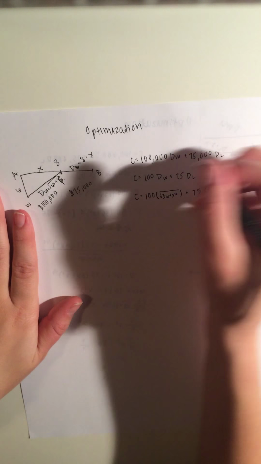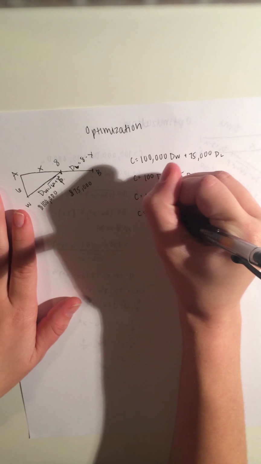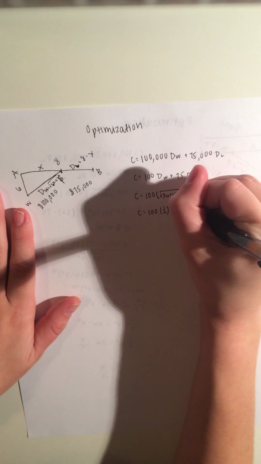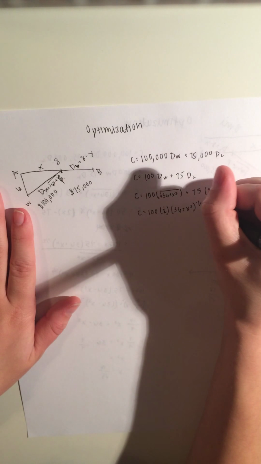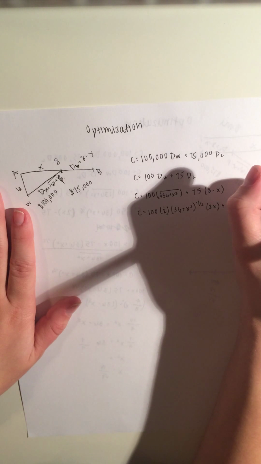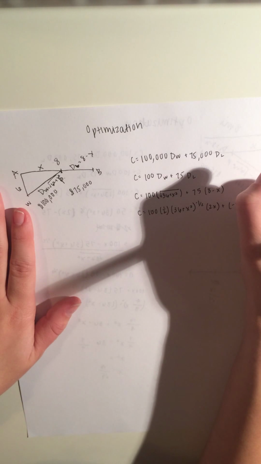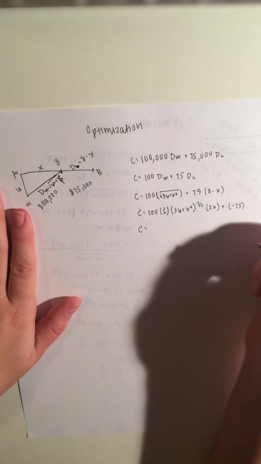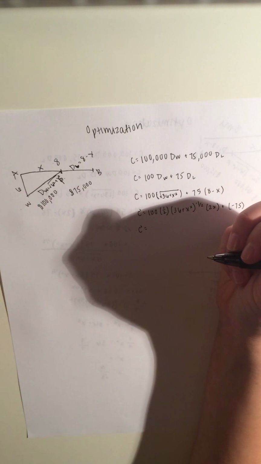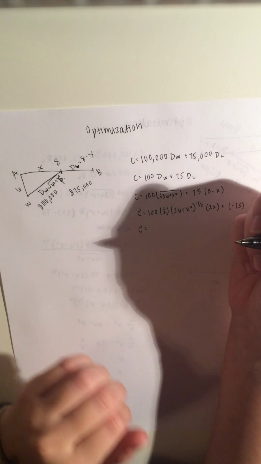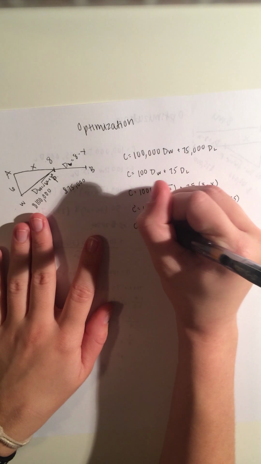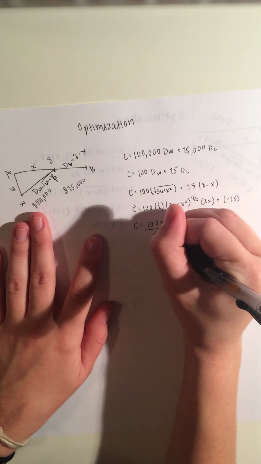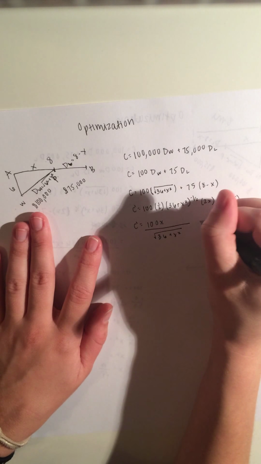And then you're going to go ahead and take the derivative of this. Sorry, C prime is 100 x over the square root of 36 plus x squared minus 75.